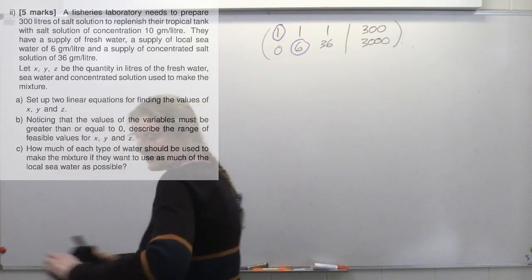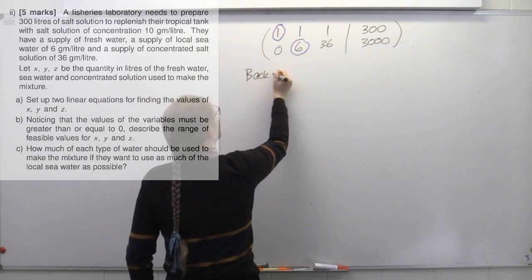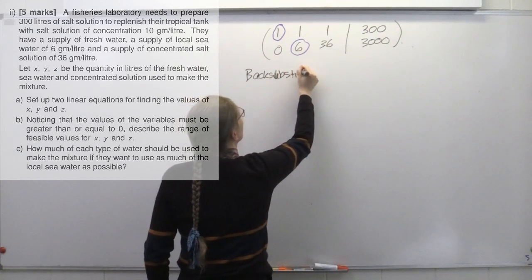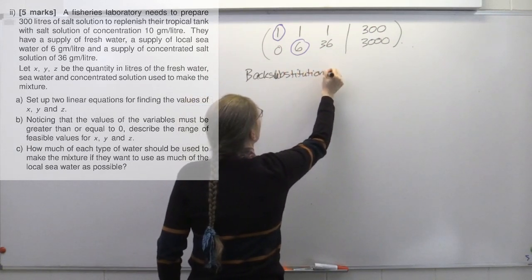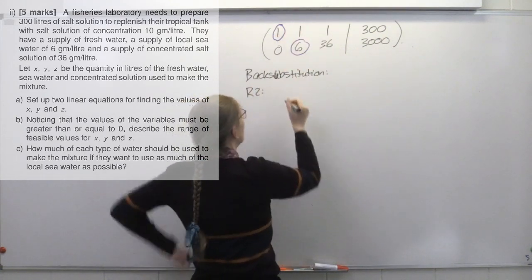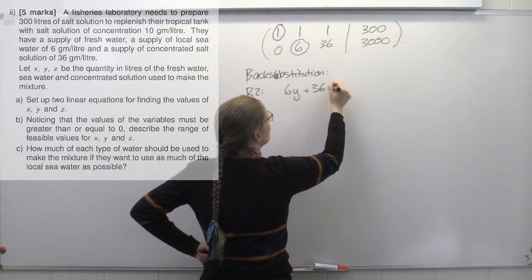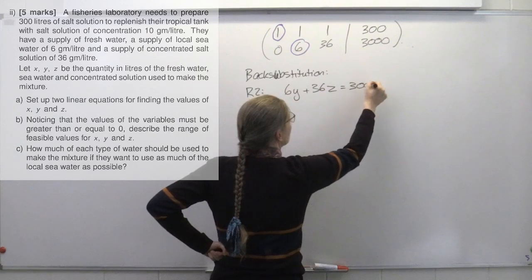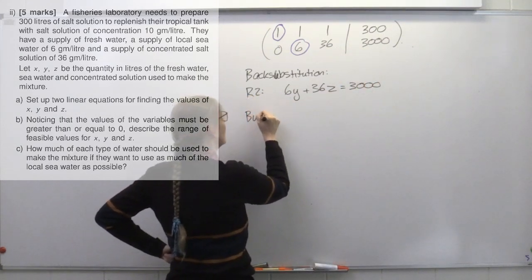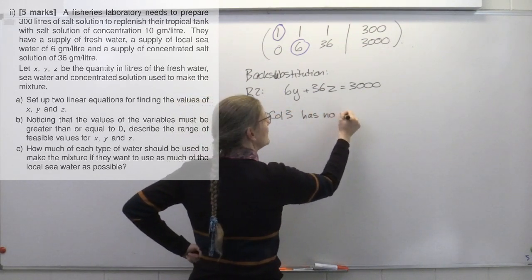Okay, so row 2 says, and remember it's x, y and z, it says 6y plus 36z is equal to 3000. But column 3 has no pivot.